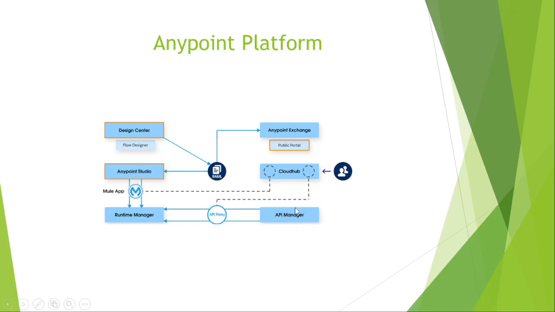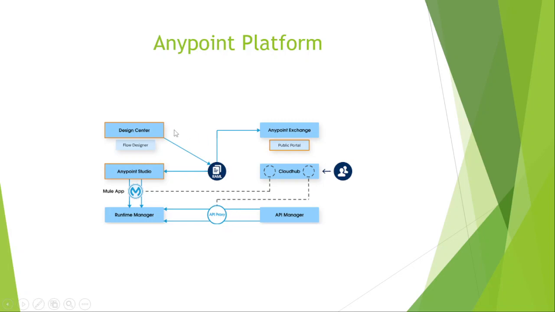Further, API Manager is used to create the API proxy, which helps us secure the API. We deploy this API proxy to API Manager, which has CloudHub, so we deploy the API proxy to CloudHub, and again we deploy the Mule application to CloudHub. Here we apply auto discovery so that it can discover the application.